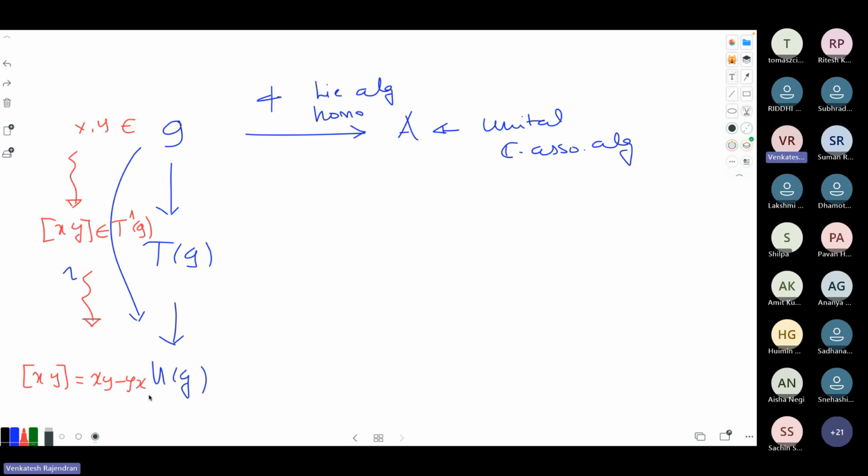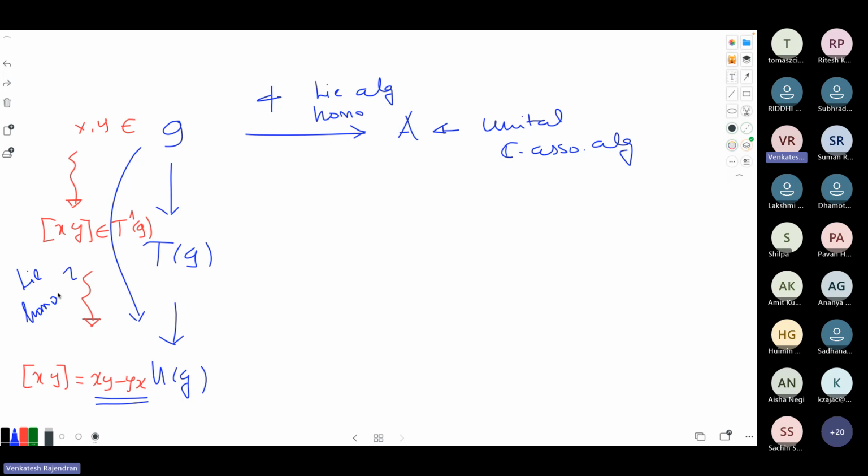So I am dropping this tensor whenever I go to the image in the universal enveloping algebra. So it's clear that this side of the commutator, which is defined inside the universal enveloping algebra, gives you a kind of Lie algebra structure. So what I want to say is this map iota is indeed a Lie homomorphism. That's very clear.